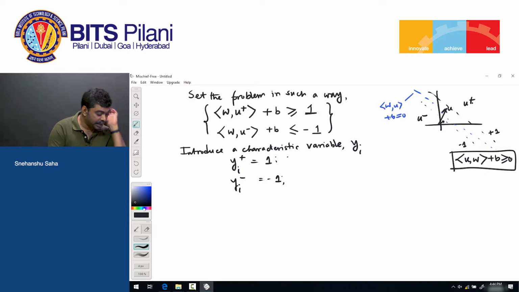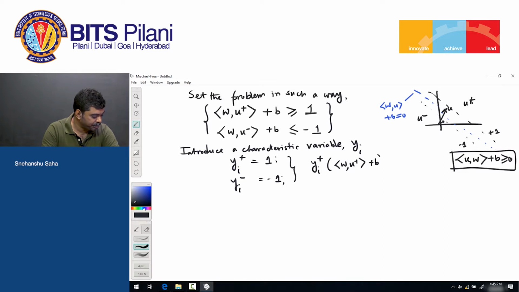Therefore, I have two inequalities. If I multiply the first inequality with yi plus and the second inequality with yi minus, what I will obtain is that yi plus times (w·u plus b) is greater than or equal to 1, nothing will change.